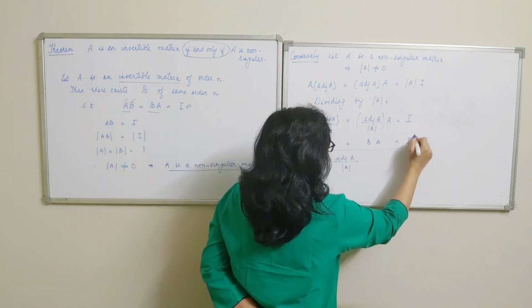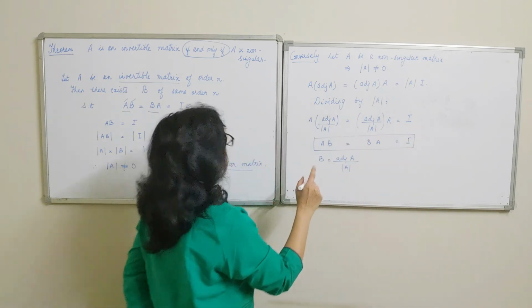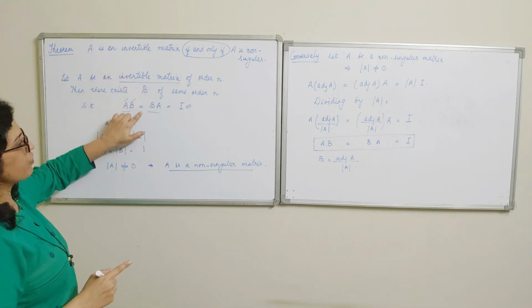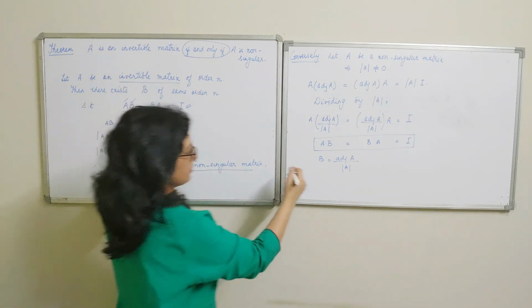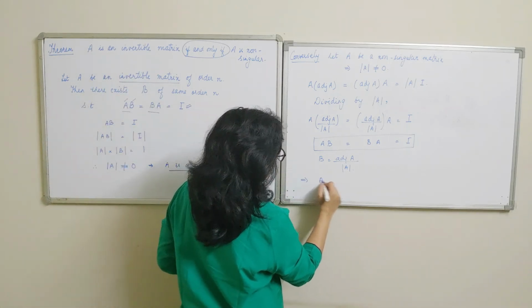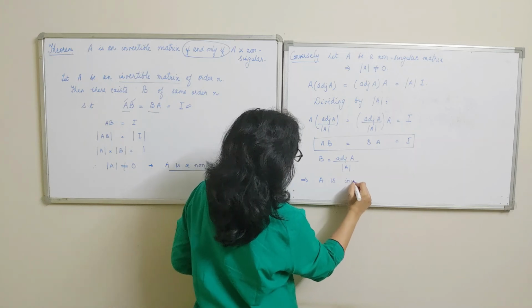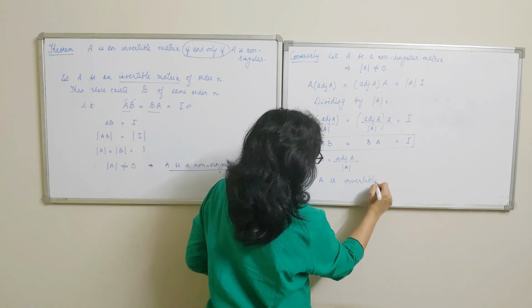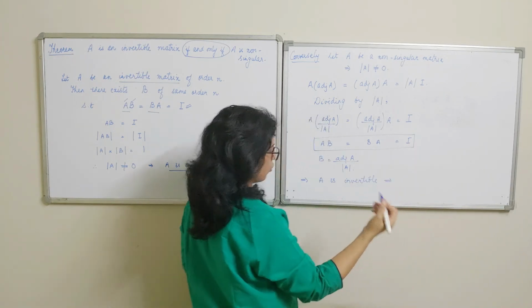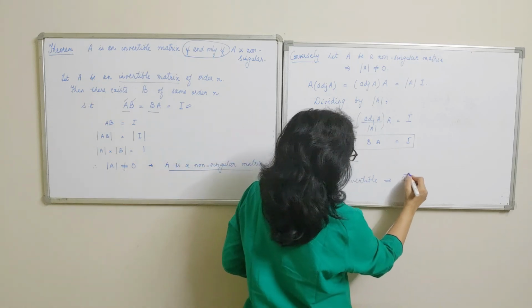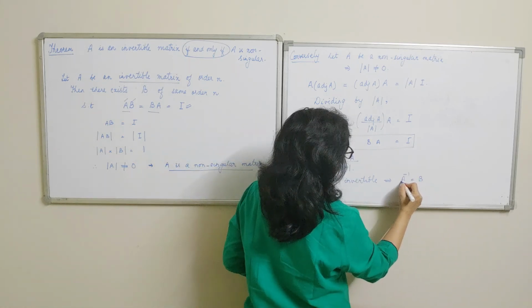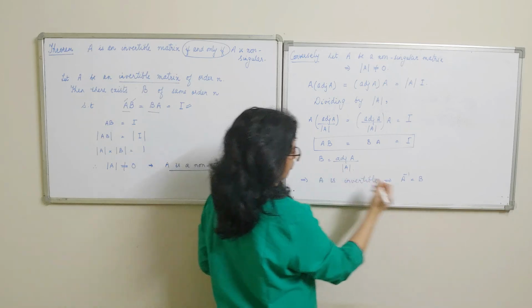Since we are getting this equation, what is this equation? This is basically the definition of invertible matrix. Because we are getting this equation, this means that A is invertible. If A is invertible, that means what is the inverse of A? This implies that inverse of A is matrix B, and this is matrix B.